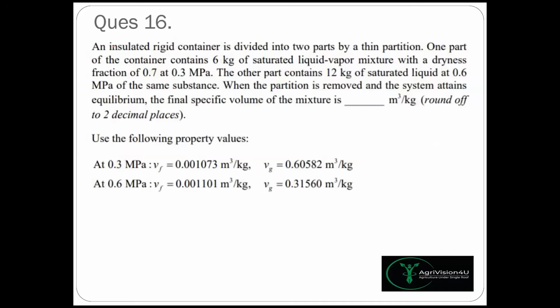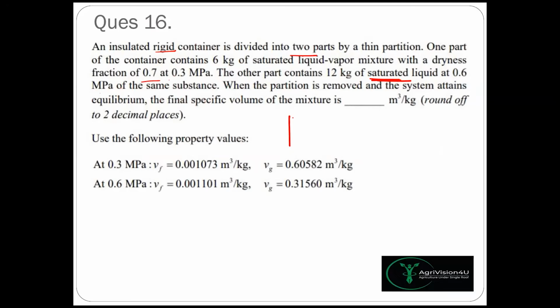Coming to question number 16, it says an insulated rigid container is divided into two parts by a thin partition. One part contains 6 kg of the saturated liquid vapor mixture with the dryness fraction of this. The other part is saturated liquid at 0.6 megapascal. When the partition is removed, the system attains equilibrium, find the final specific volume of the mixture.